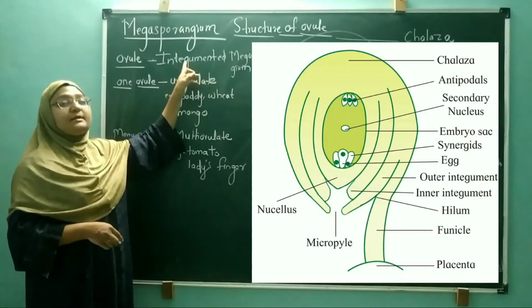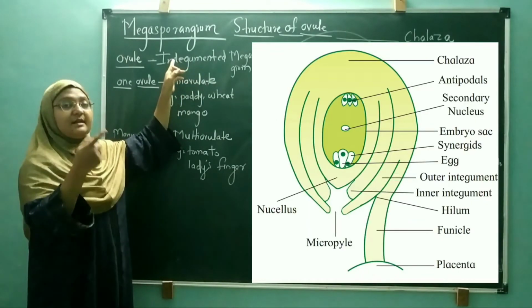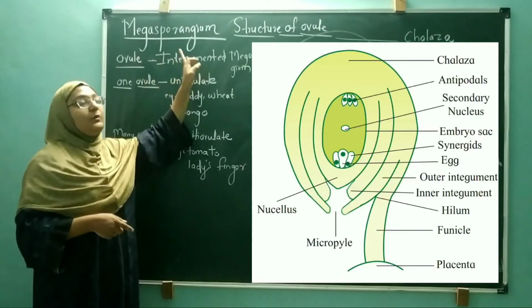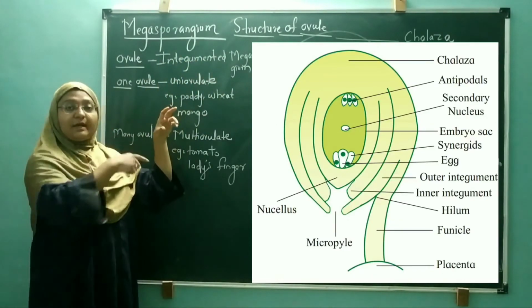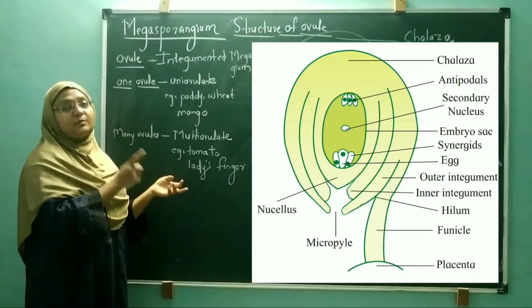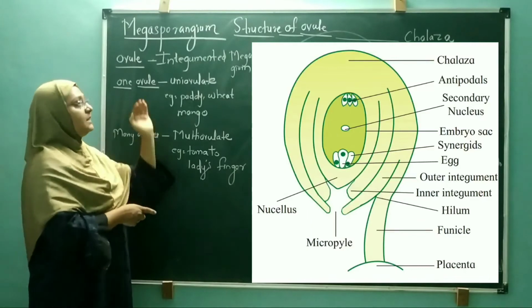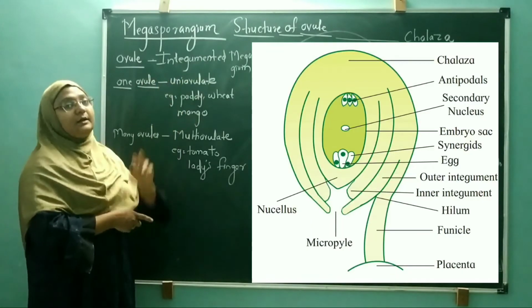Actually, the integuments are nothing but coverings. So a Megasporangium having the covering is called an integumented Megasporangium. उसी को हम लोग बोलते हैं ovule. So in the ovule, the megaspores are going to be developed.